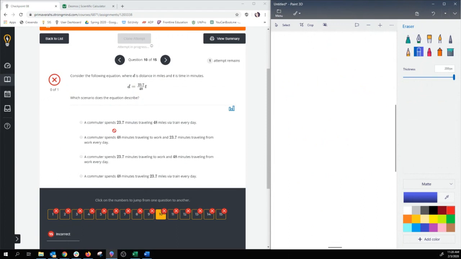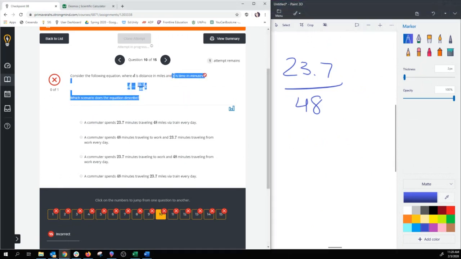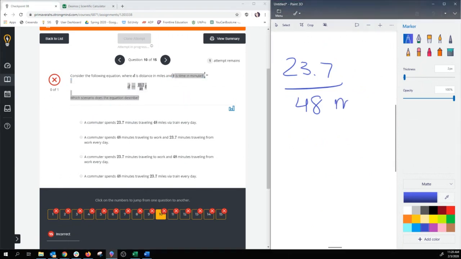Let's see. So remember, when you have, whoops, let me have a pen. We're at 23.7 over 48. Remember I told you guys that your bottom number is always going to be time. So it's however you can measure time. So T is time in minutes, which means 48 is minutes, which means that the top has to be distance in miles.